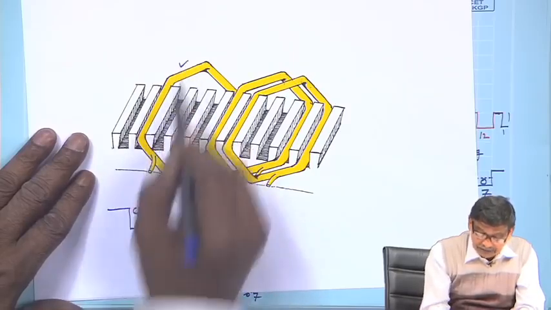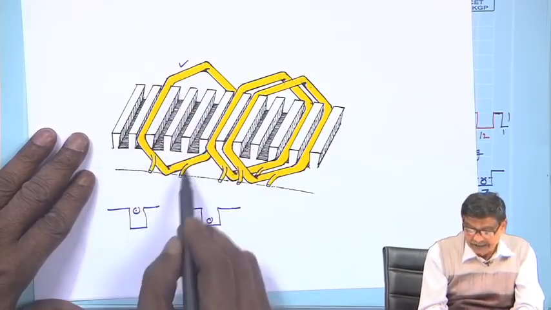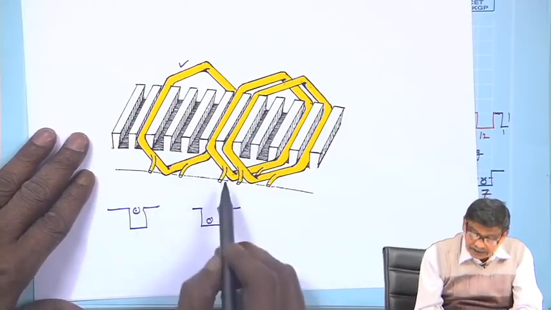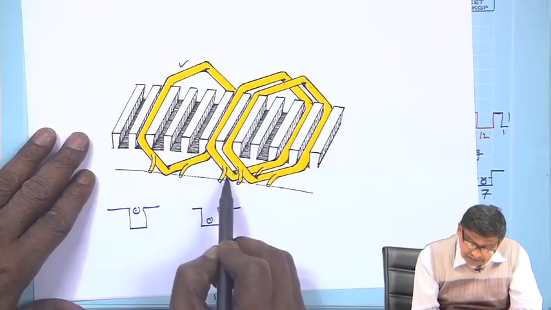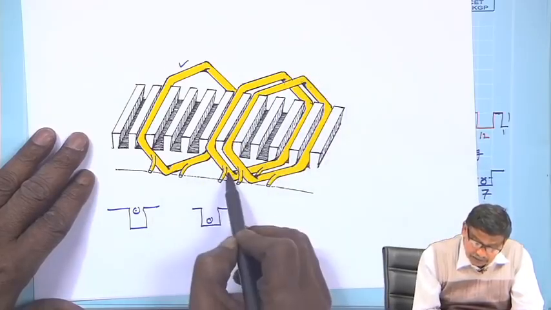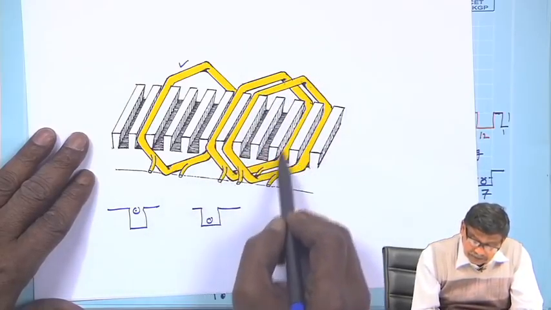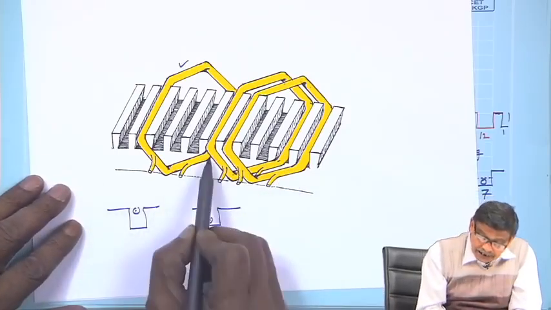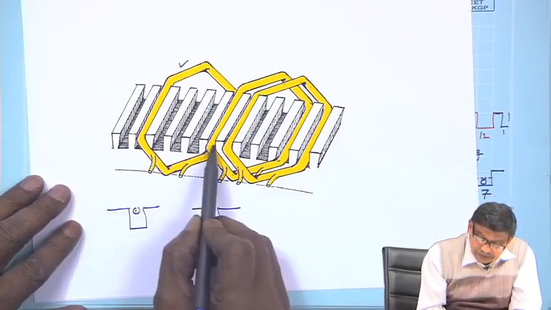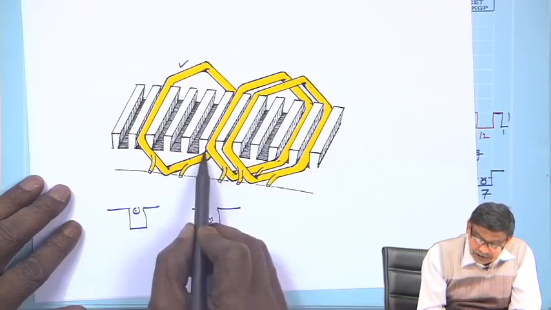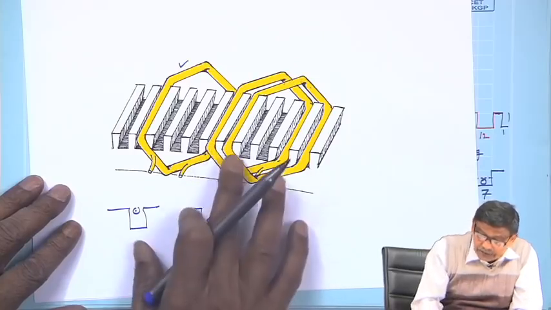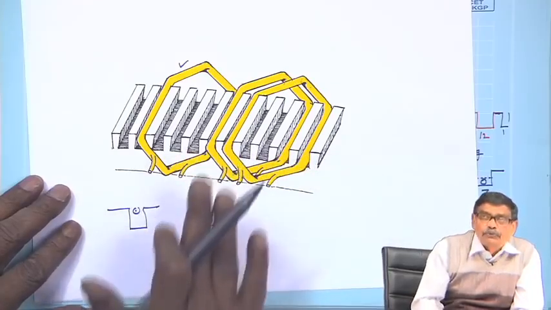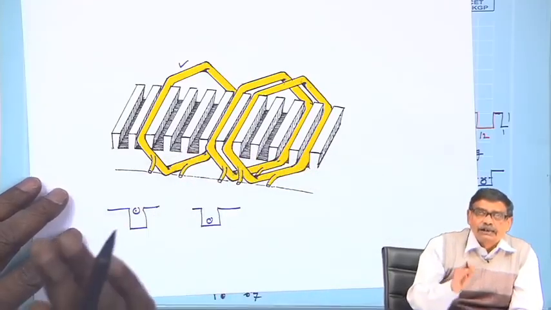This coil, here it is, its return is here, you can physically see below this. Similarly, this is another separate coil, its return is from below. So in each slot there are 2 coil sides as shown here, and when the other slots are filled up, everything will have 2 coil sides, lower deck and upper deck.